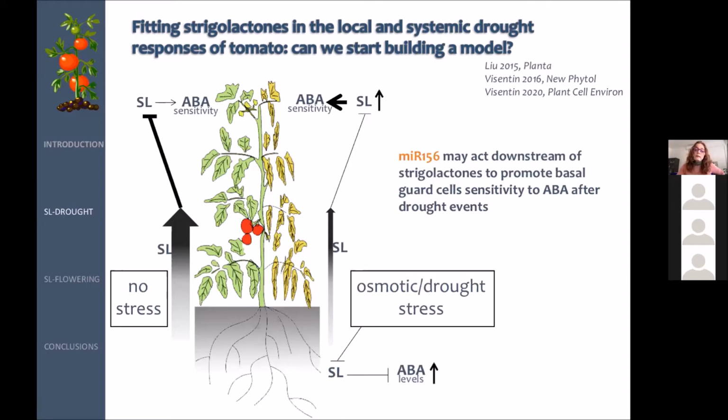But here in the context of drought, it seems to mediate the effect of strigolactones on ABA sensitivity at the guard cell level. So this module, strigolactones, MIR156 and ABA, seems to be important for the environmental memory at the guard cell level. This was also part of TOMRES research, but I will not present new data on this today.